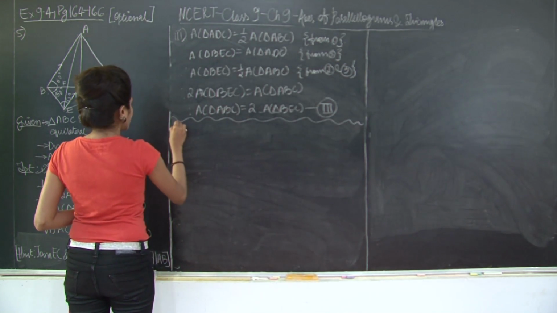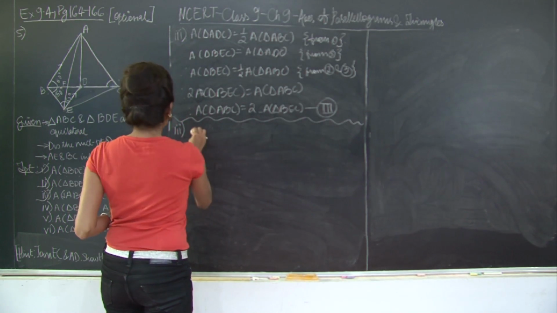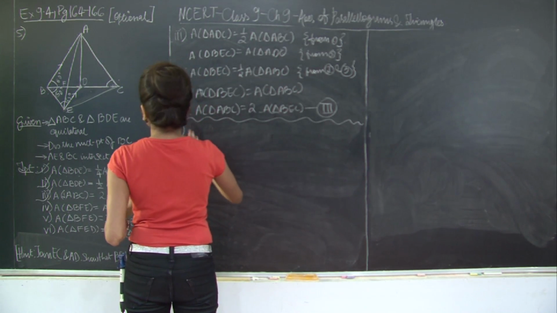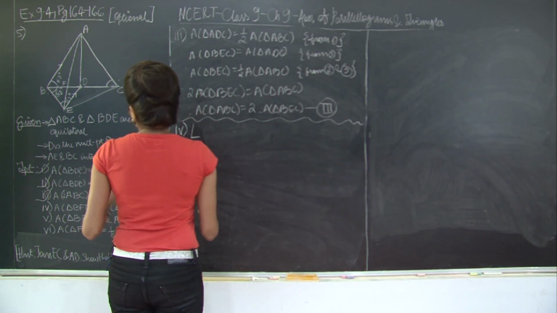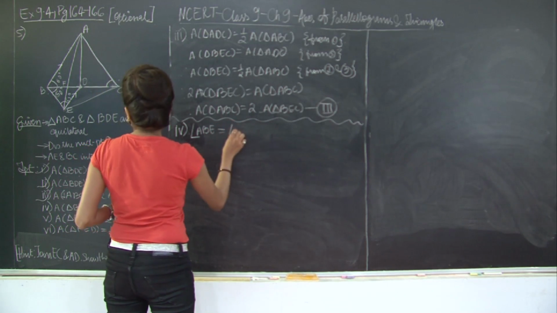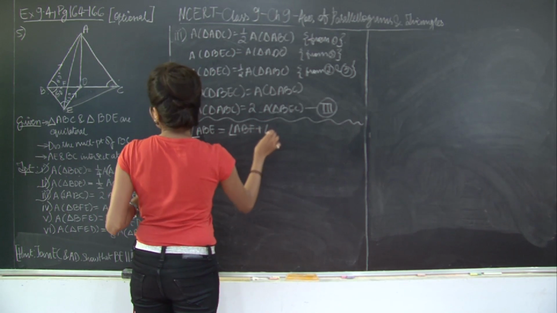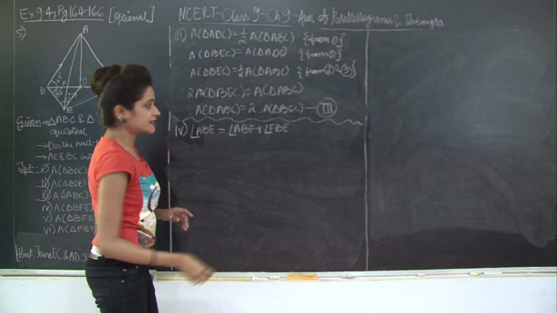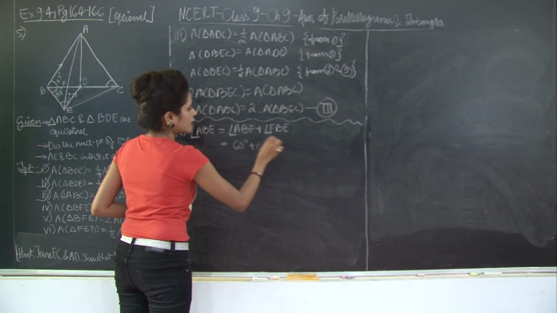Fourth section, let us show that first DE is parallel to AB. Okay. So, I will say angle ABE is equal to angle ABF plus angle FBE, right, because they are an adjacent pair, which is equal to 60 degrees plus 60 degrees, right. Why?